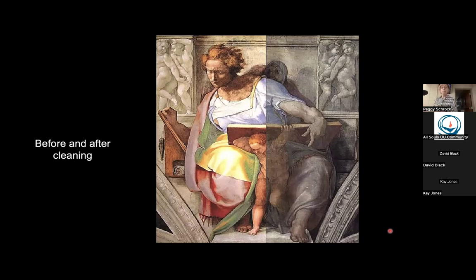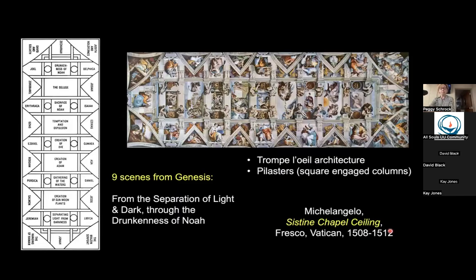And I would bet there's still probably people out there that still haven't accepted the fact, but it really is true. These are the real colors, and they're stunning. Michelangelo was a brilliant colorist. And it's unlike any other fresco or painting of its type in terms of its intensity of color.